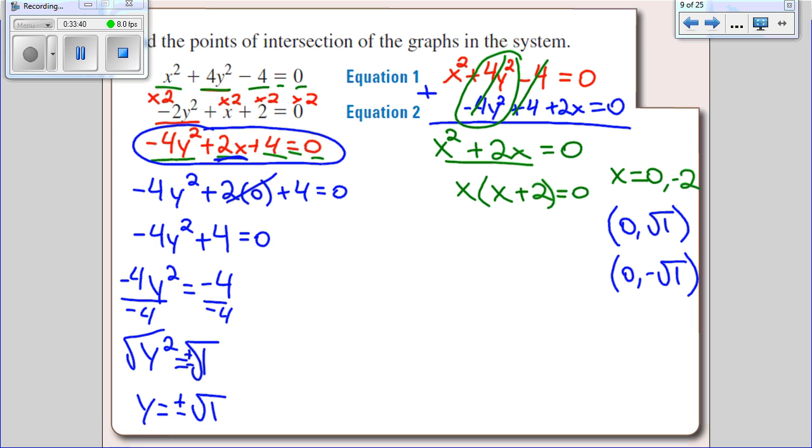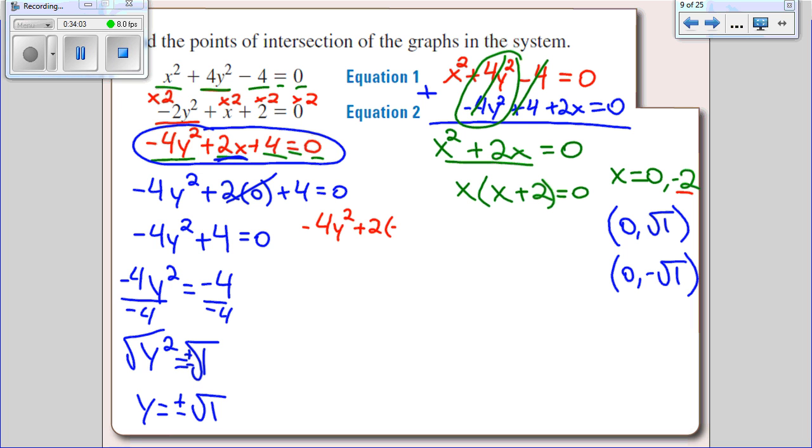Okay, now we're going to do the same again, but we're going to put negative 2 into our equation. So we're going to have negative 4y squared, and then we're going to have plus 2 times negative 2, plus 4 equals 0. When we calculate that, 2 times negative 2 is negative 4.